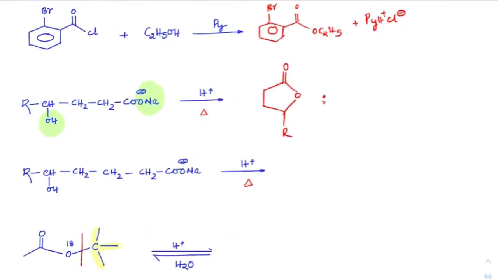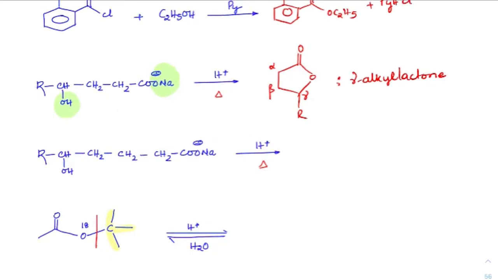See the way to read the cyclic esters. Where there is a C double bond O, just next to that we say it is the alpha position, then beta, then gamma. So we say this is gamma alkyl, and cyclic esters are called lactones. So this is gamma alkyl lactone.